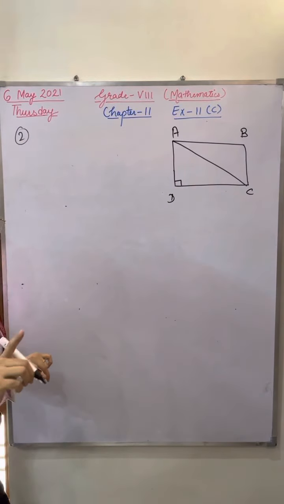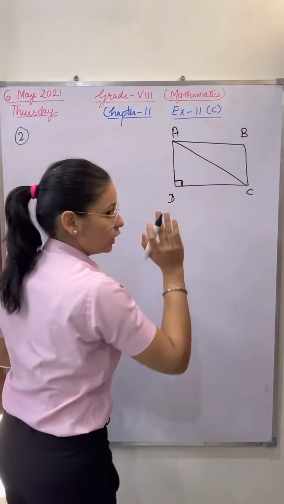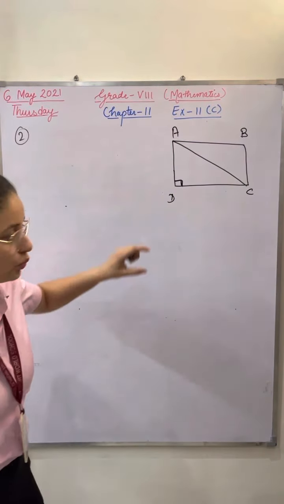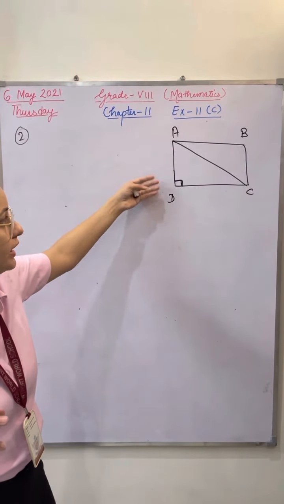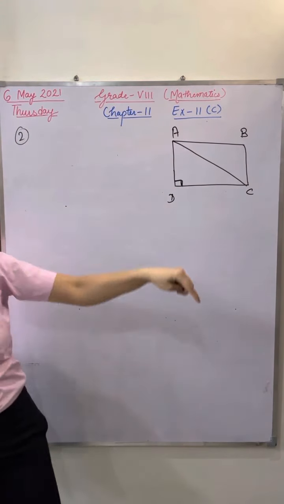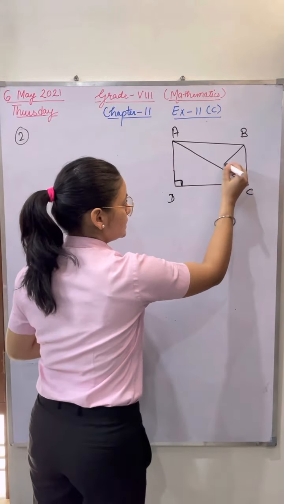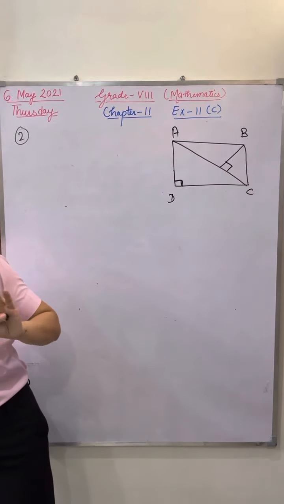So you know that if any side is on 90 degrees, that side is known as what? In this one, the other side is not on 90 degrees; in the other side, this is on 90 degrees. So you have to assume first of all.